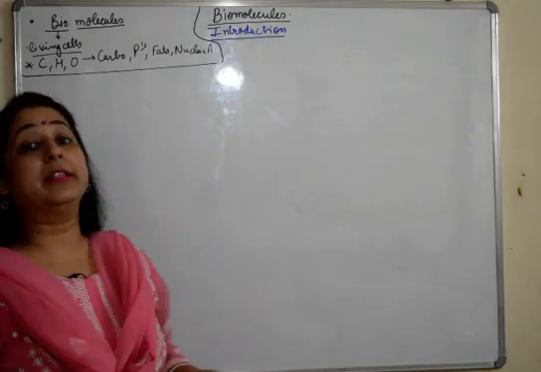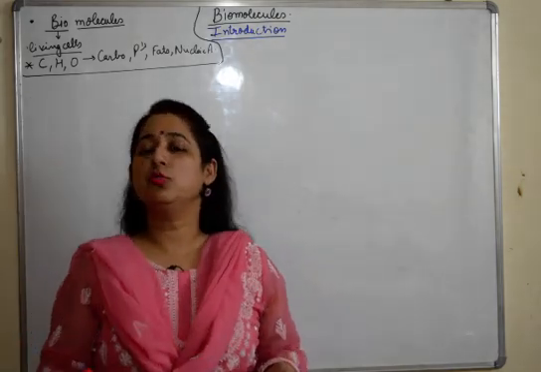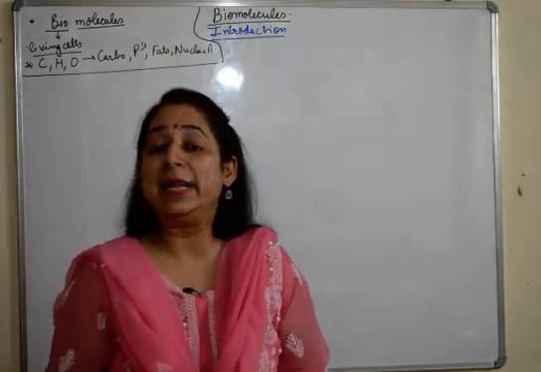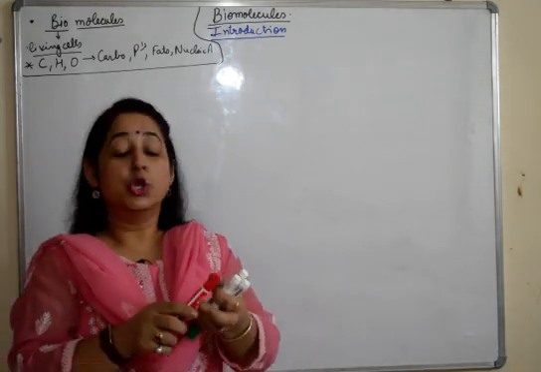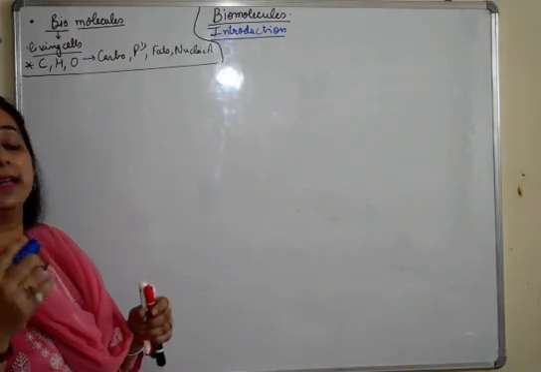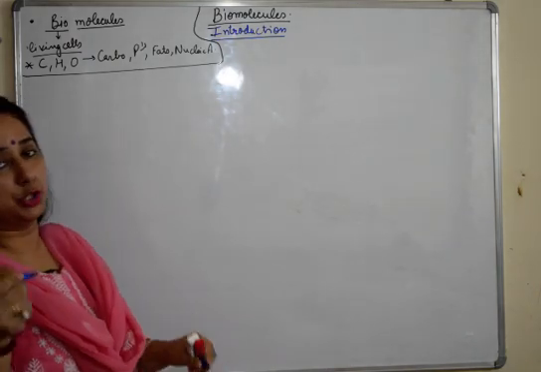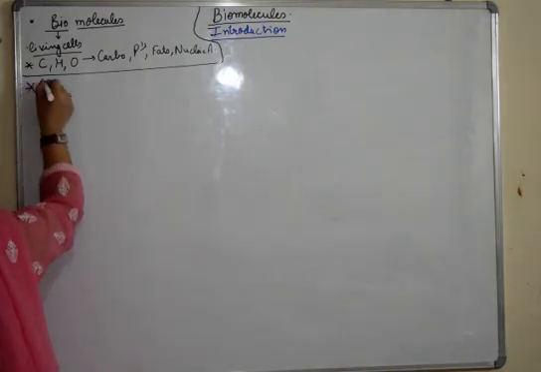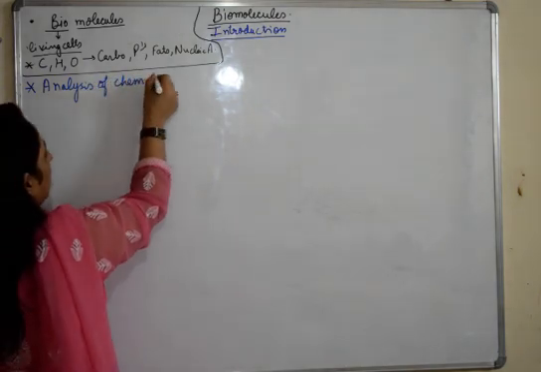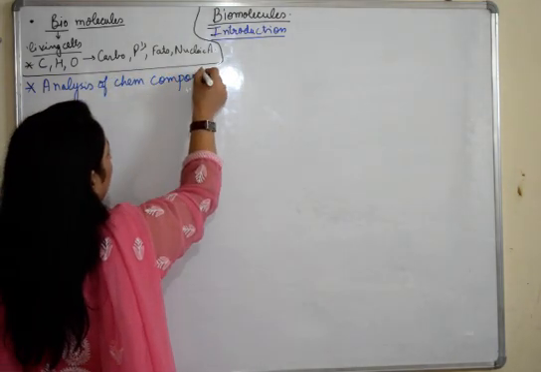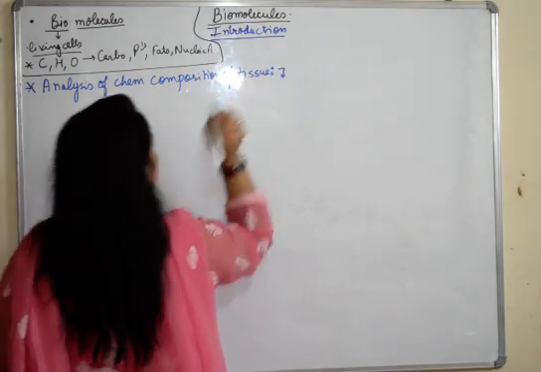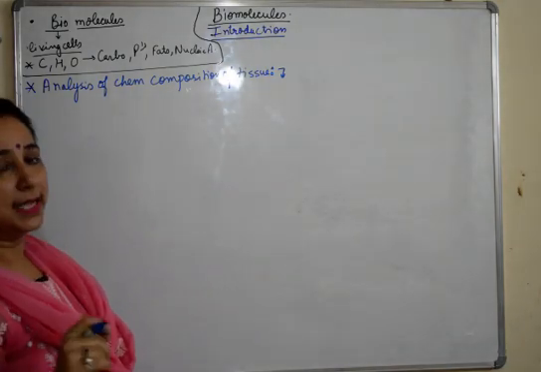Before starting up with all the biomolecules, we must know how exactly we get them, or how we separate these molecules from the living components. For that an experiment is performed. I'll write chemical analysis, or analysis of chemical composition of living tissue. So what is done in this experiment?